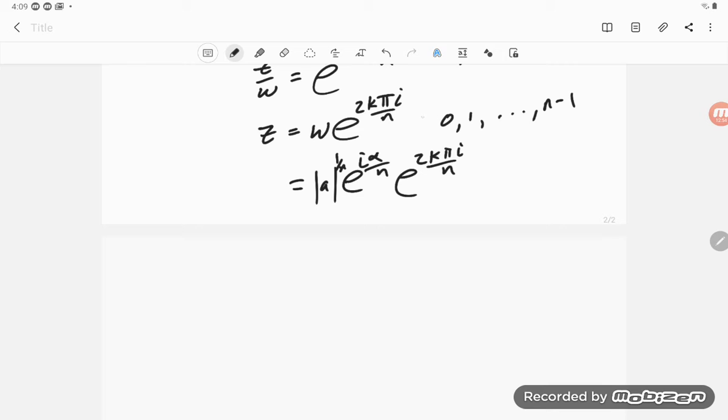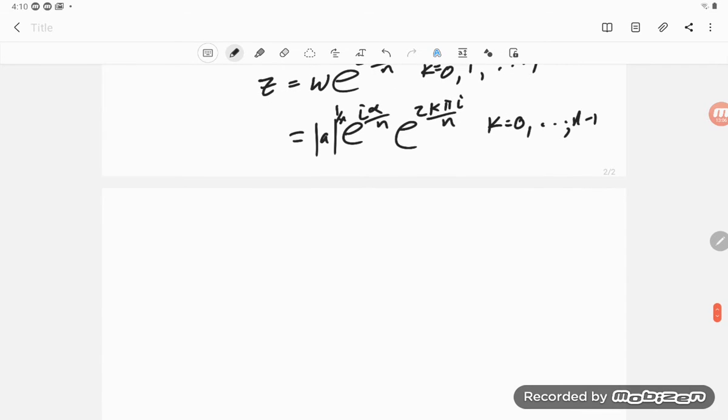Again, k equals 0 up to n minus 1. And then, so that's good, or I could keep going and put the exponents together.